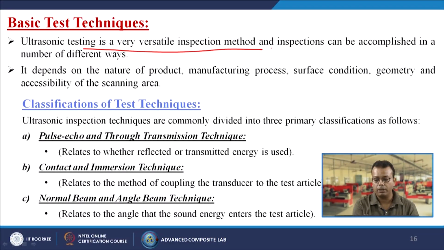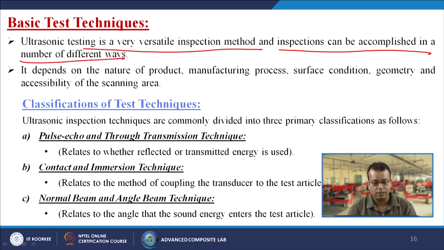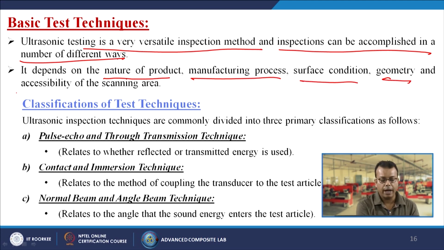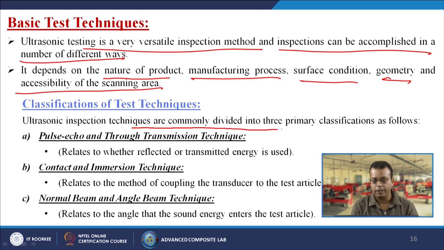Next, basic test techniques. Ultrasonic testing is a very versatile inspection method and inspections can be accomplished in a number of different ways. It depends on the nature of the product, manufacturing process, surface conditions, geometry and accessibility of the scanning area. Classification of test techniques. Ultrasonic inspection techniques are commonly divided into three primary classifications as follows.